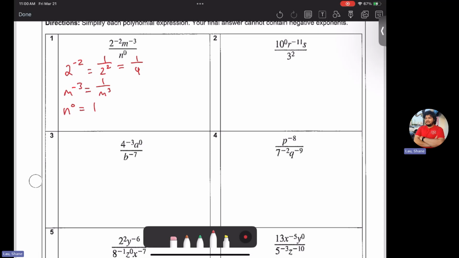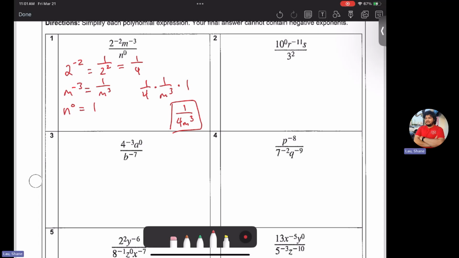So once you find all of those 3 components there, you're going to make sure you multiply them at the very end. So if I have 1/4, I'm going to multiply 1 over m to the 3rd, and then also multiply the 1. The 1 is just there for formality since otherwise you don't need it. You're going to multiply as you need to. I get 1 over 4 m to the 3rd, and that is my first answer there.